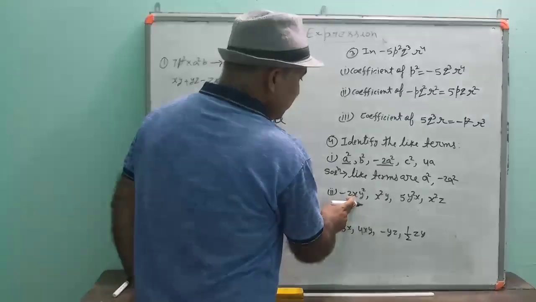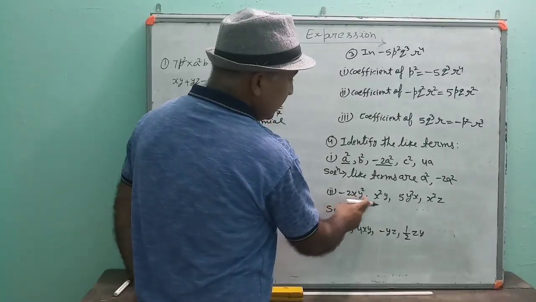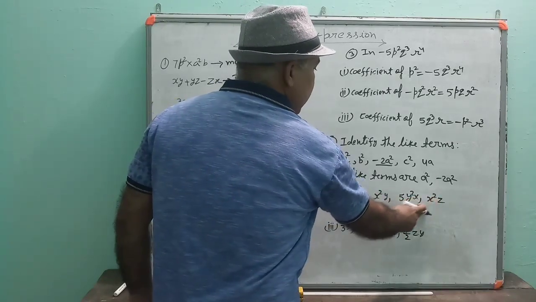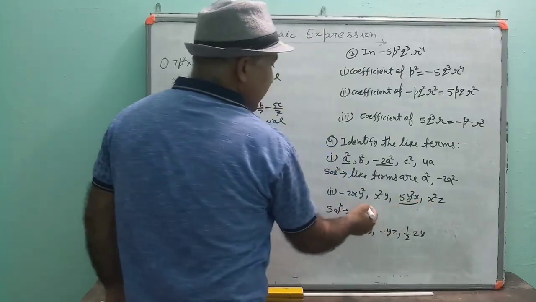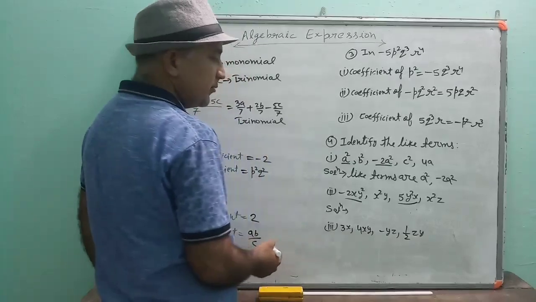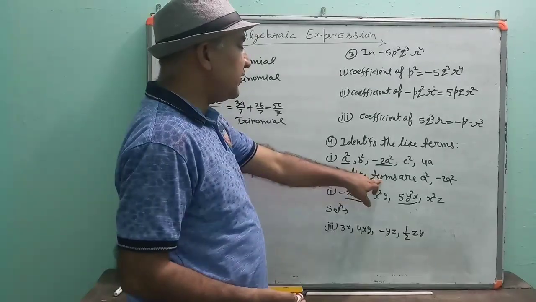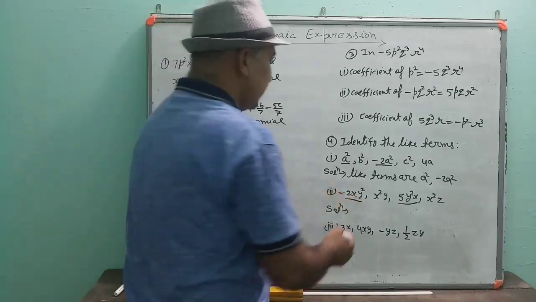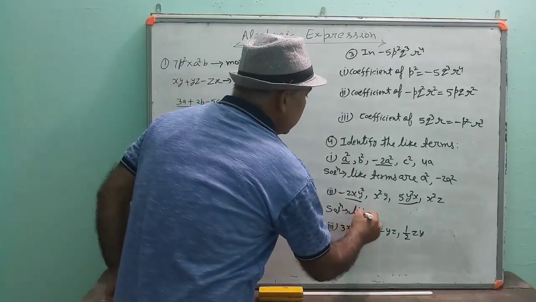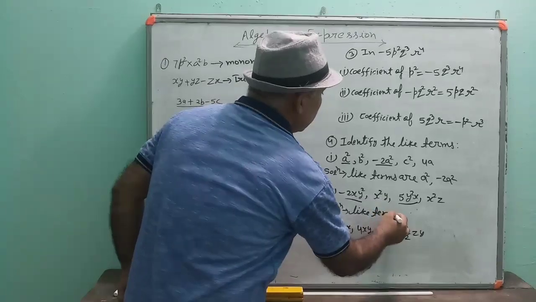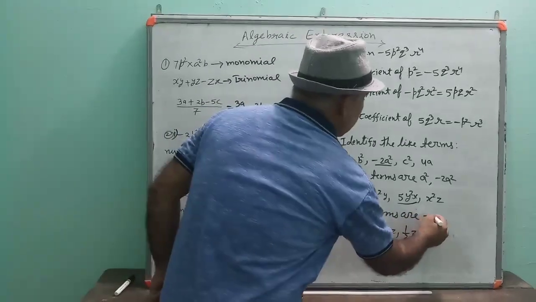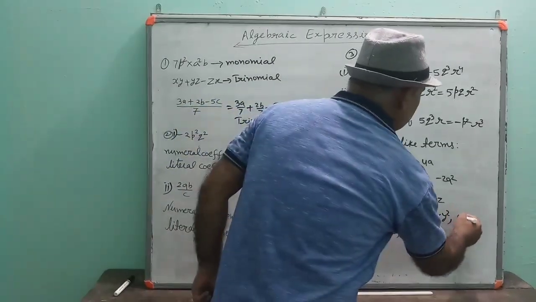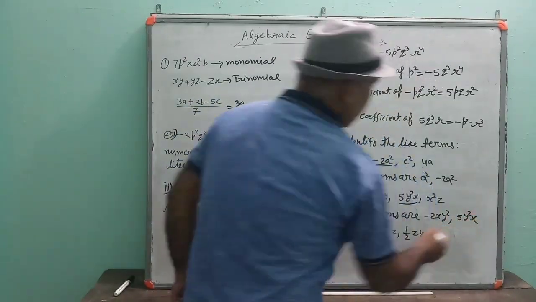See here, minus 2xy square, x square y square x, x square z. See here, y square x, both are similar. To find the like terms, we will ignore the number. We will see only the variables. That means here like terms are minus 2xy square and 5y square x.